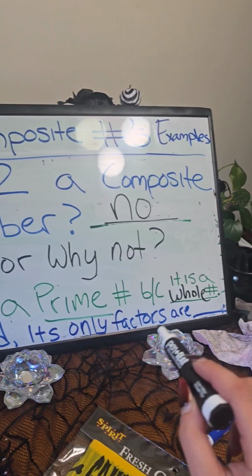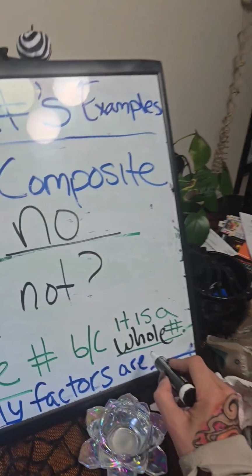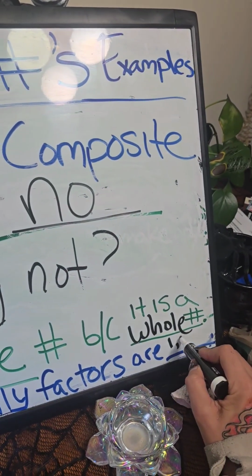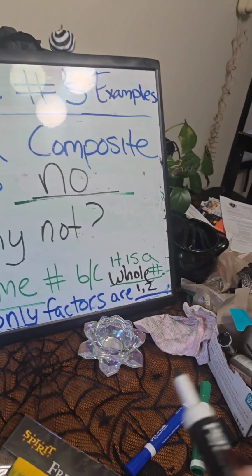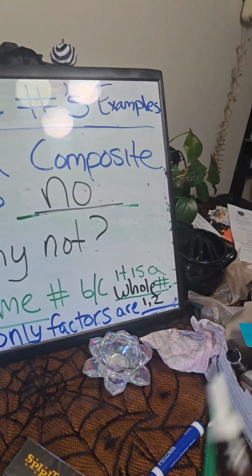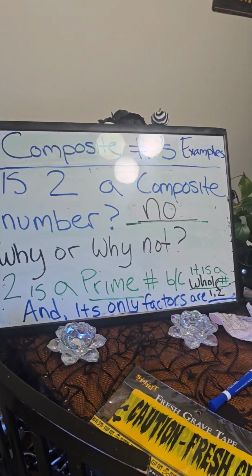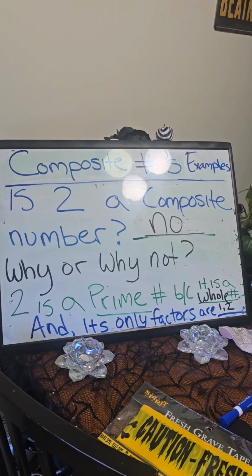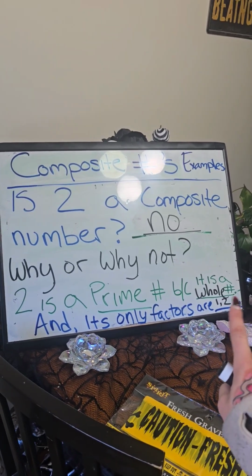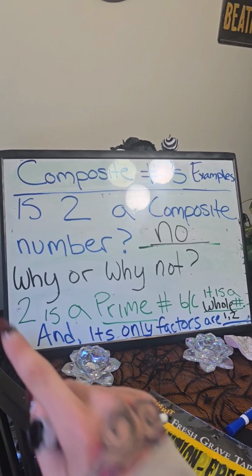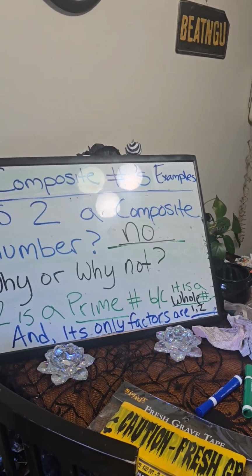And its only factors are 1 and 2, or 1 and themselves would also be an acceptable answer. But this is better because it shows that you know what the factors actually are.